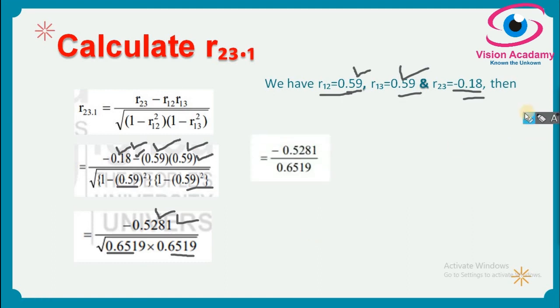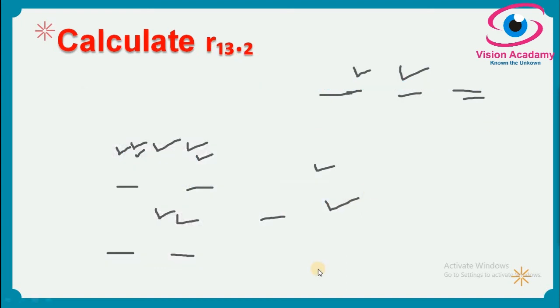In the denominator firstly I will multiply 0.6519 into 0.6519, and I will take the root. When I take the root, I get the same value, 0.6519. So for the next step I will divide both values. When I divide both values, I got R23.1 as minus 0.81. So let us obtain the last value then.